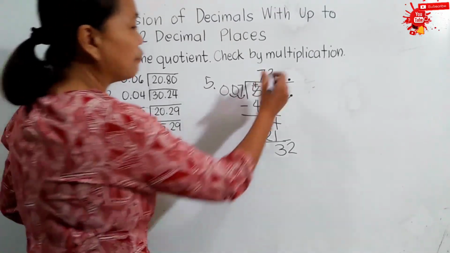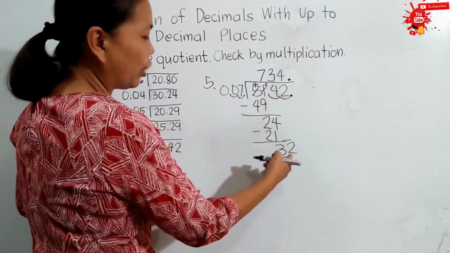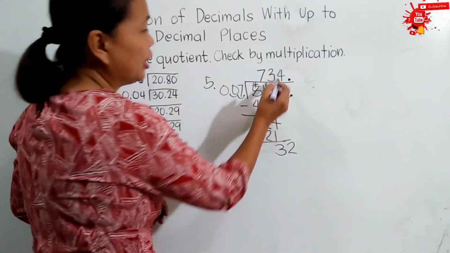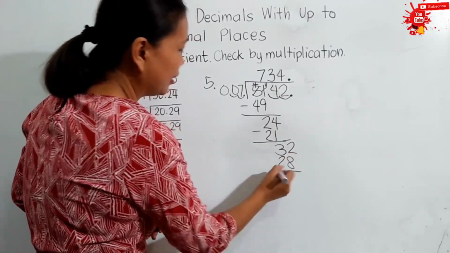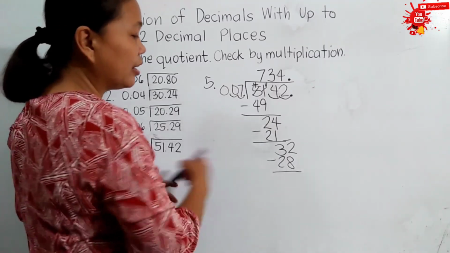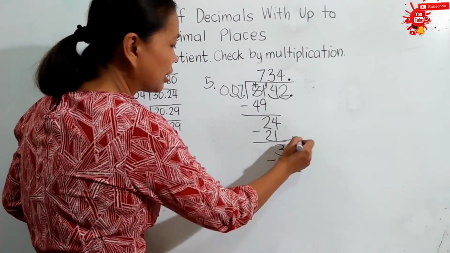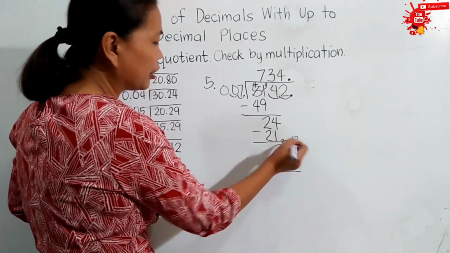Okay? So we have 4. Okay, tapat natin siya kay 2 kasi yun yung biniring down natin. So 4 times 7 is 28. So minus lang natin. So 32 minus 28. So si 2 magiging 12 kasi magbaborrow ng isang 10 kay 3 at si 3 ay magiging 2.